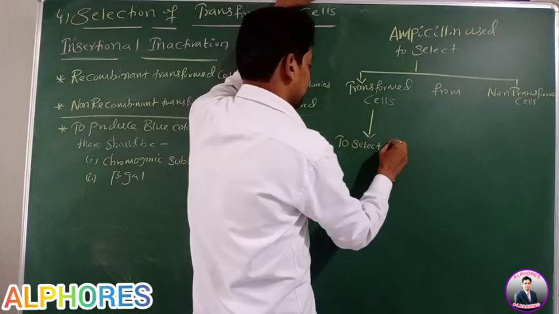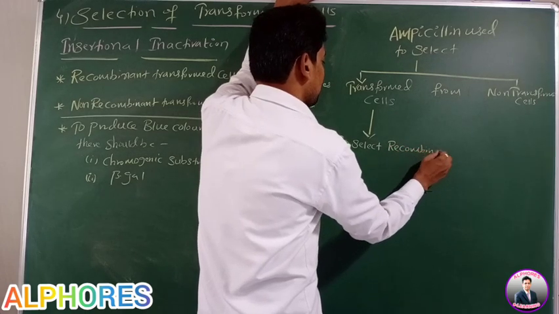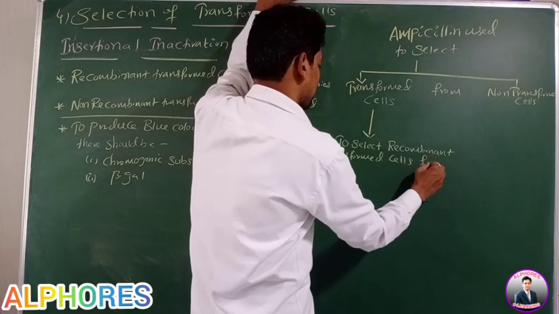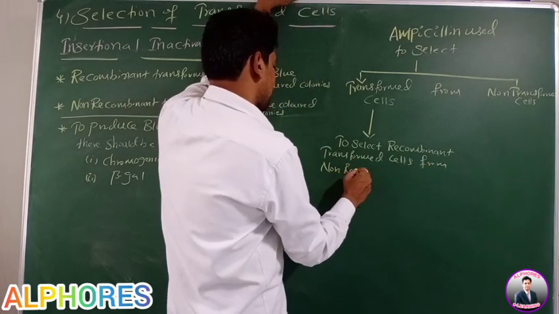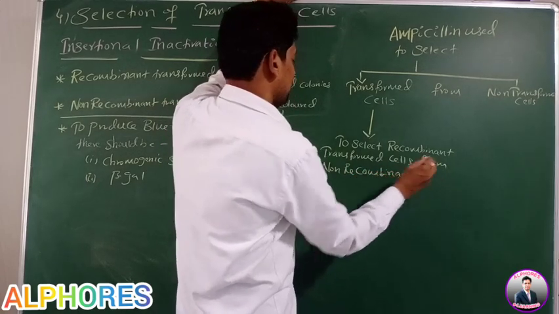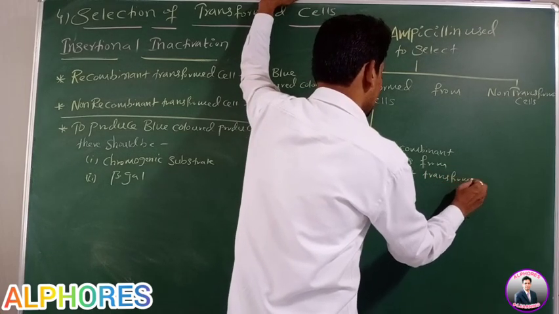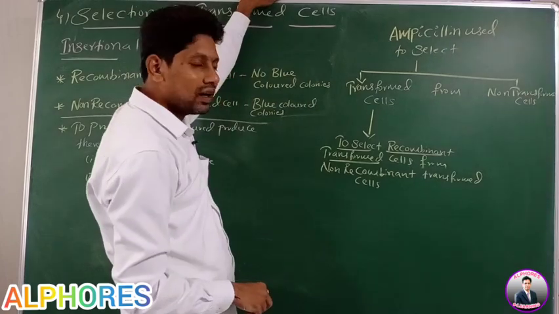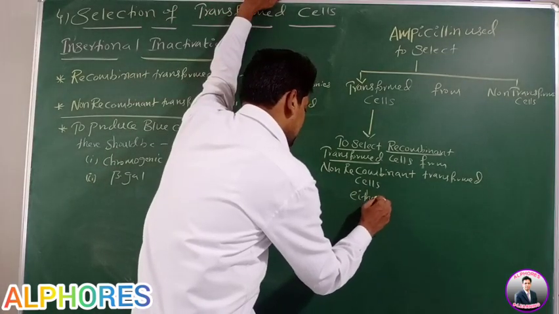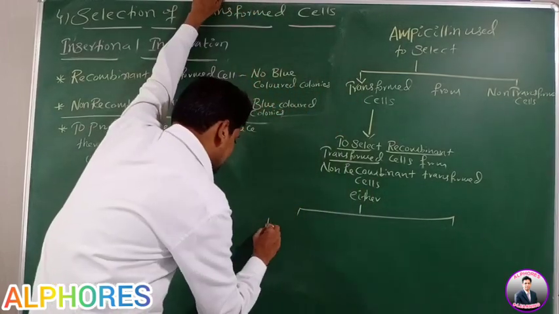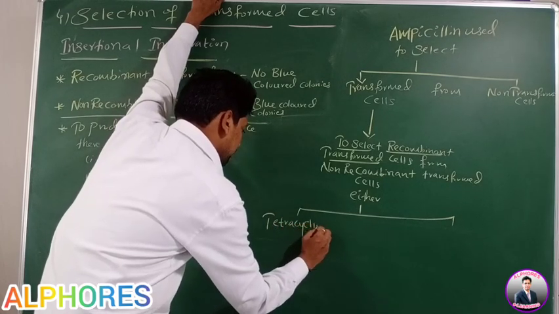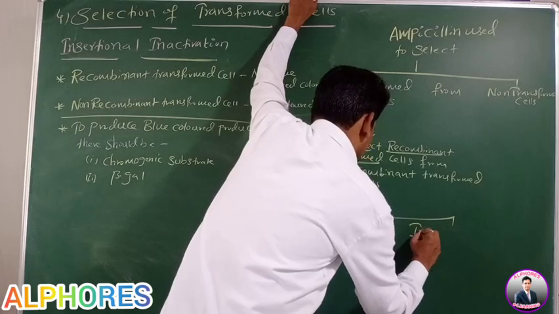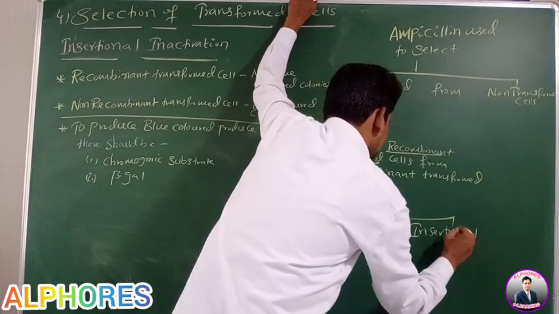To select recombinant transformed cells from non-recombinant transformed cells, either tetracycline is used, or insertional inactivation.